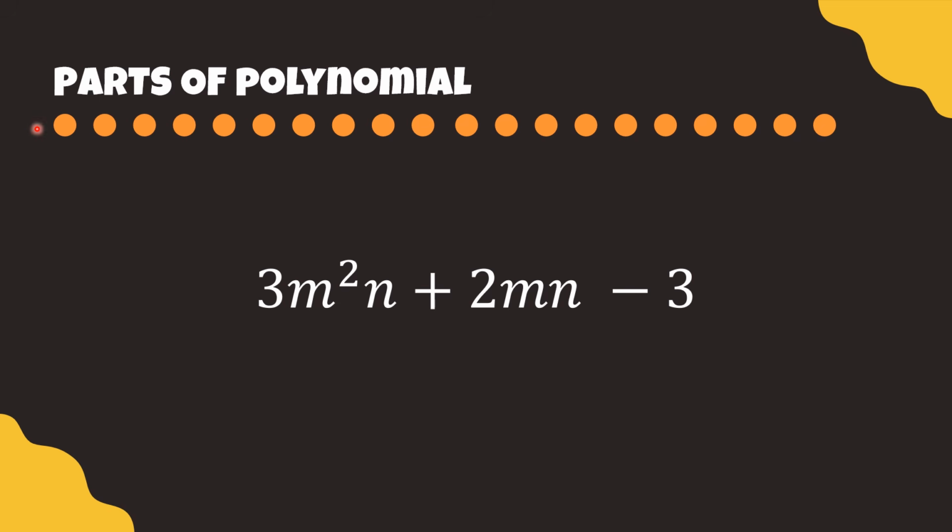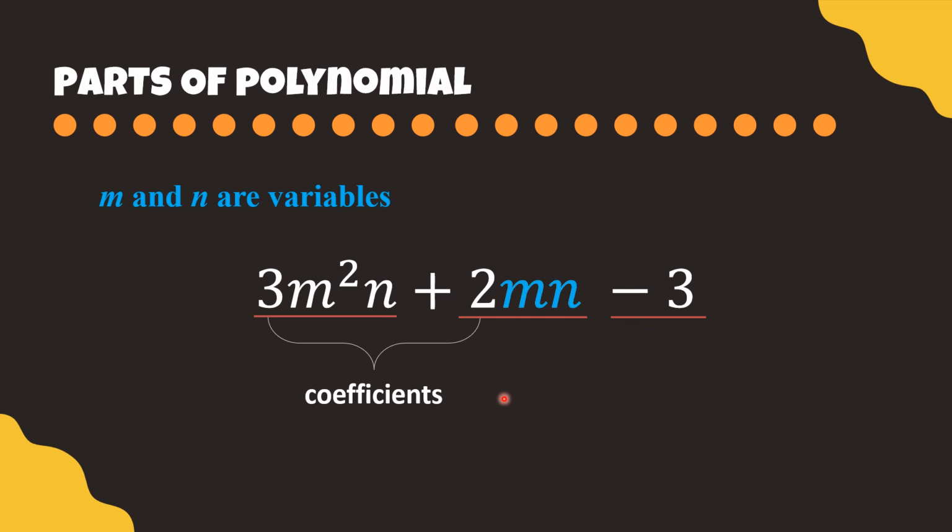Now let's have the parts of polynomial. The given is 3m squared n plus 2mn minus 3. We have 3 terms in this polynomial. Number 3 and number 2 along with the variables is what we call the coefficients. m and n are variables.